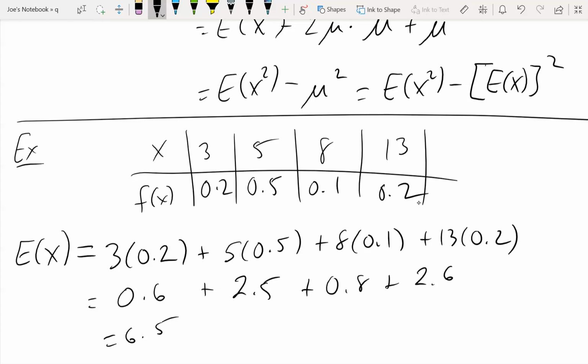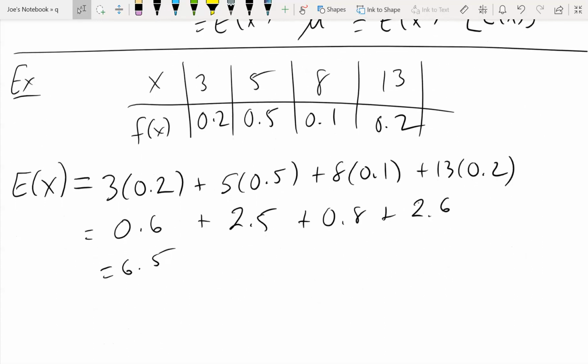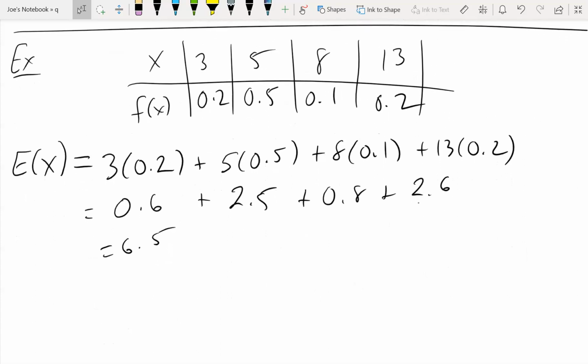Never trust my arithmetic. Where's my decimal point in the wrong spot? I was thinking it was 0.5 times 0.5. Oh, it's 5 times 0.5, yeah.